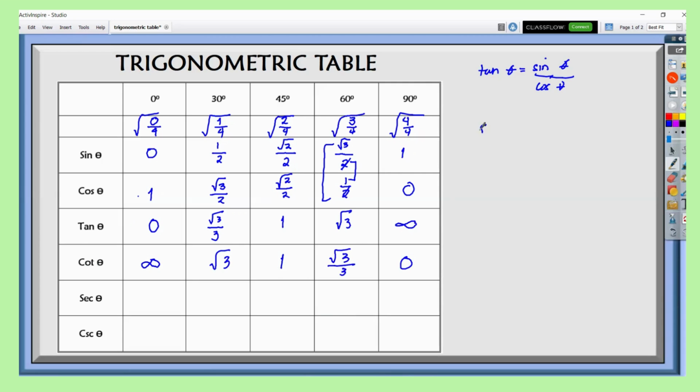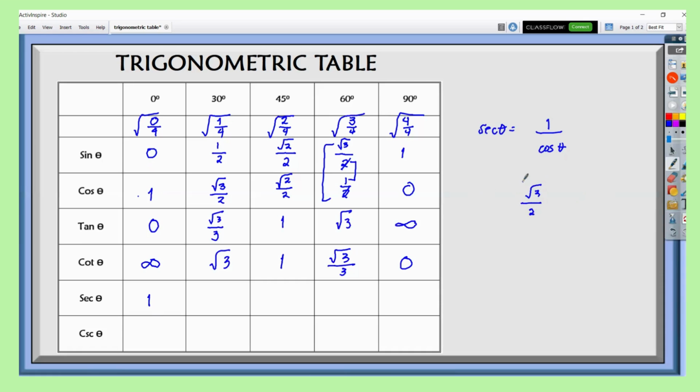For secant, we know that that is 1 over cosine theta. We just erase that. 1 over cosine. So 1 over cosine is 1. Next, secant 30 degrees. We have square root of 3 over 2.